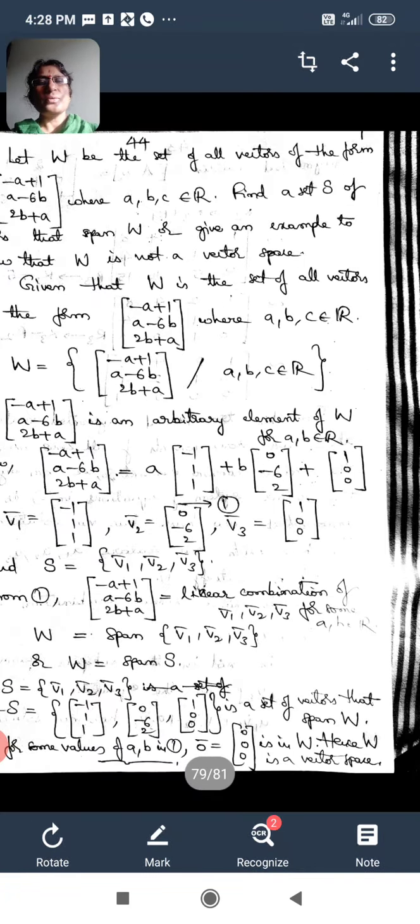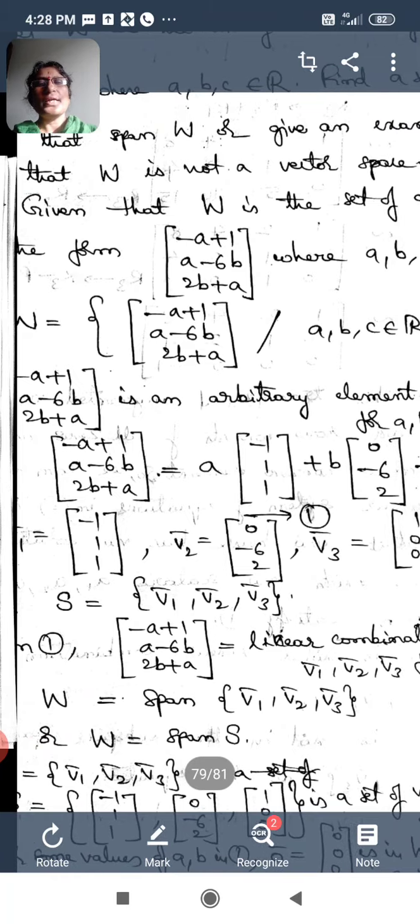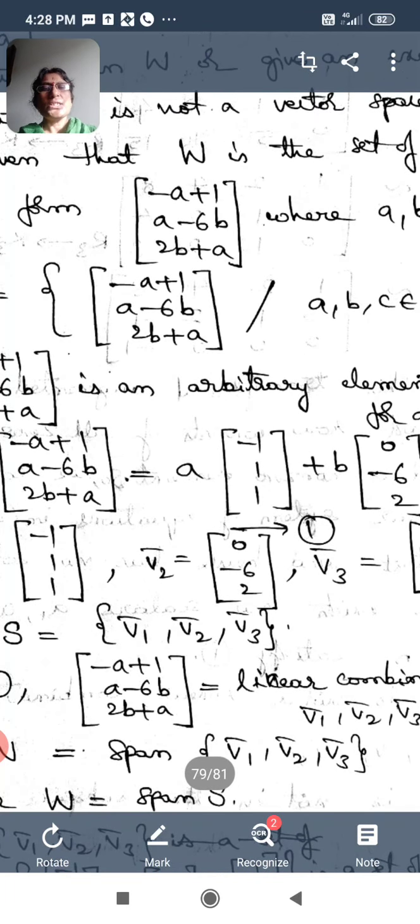How is that possible? See here on the left hand side, in the first entry, it is minus a plus 1, where the fixed element 1 is present. So from 1, we can neither take a common nor b common. That means 1 is neither a coefficient of a nor a coefficient of b.